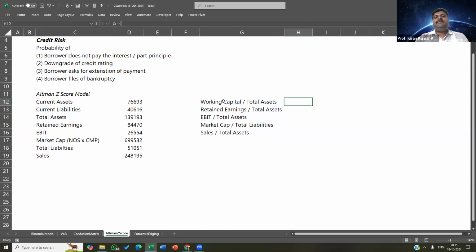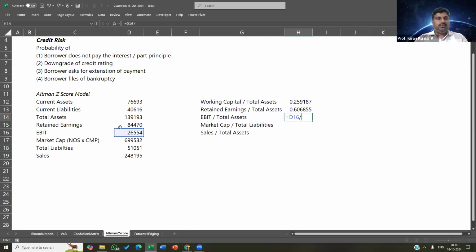So working capital, by the way, working capital is nothing but current assets minus current liabilities. Okay, so I'm going to calculate these ratios for this company. Working capital is current assets minus current liabilities divided by the total assets, which is here. You with me? I'm just calculating these ratios as it is. Retained earnings divided by total assets.